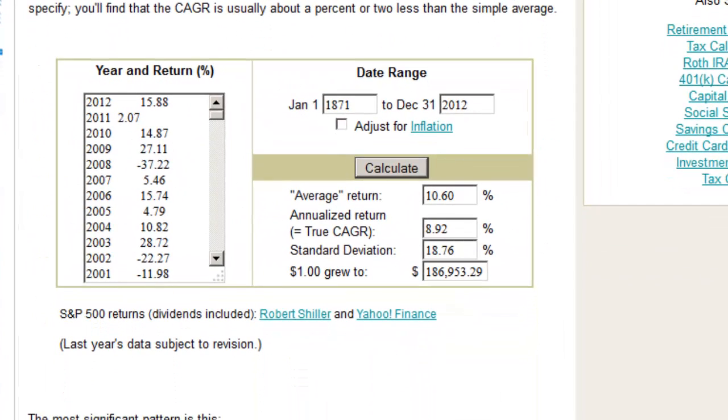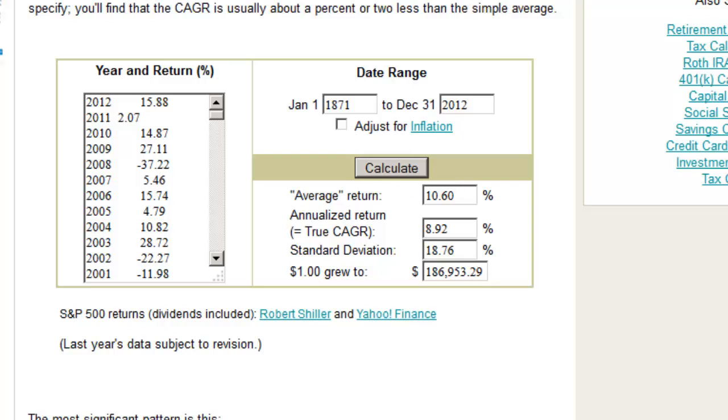This website, in fact, is on the Resource tab on our website. Since 1871, the simple average of the S&P, this is the S&P 500 with dividends reinvested, is 10.6%. The true number, or the compounded number, is 8.92% with a standard deviation of 18%.